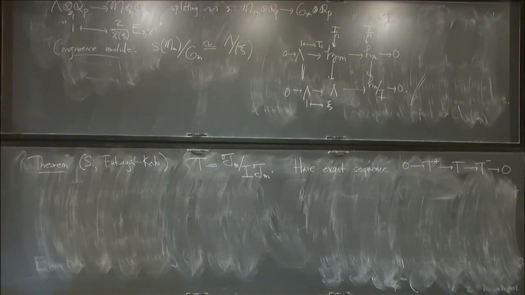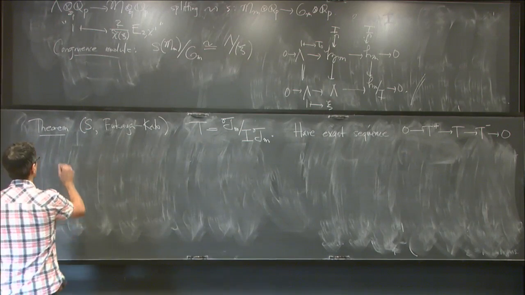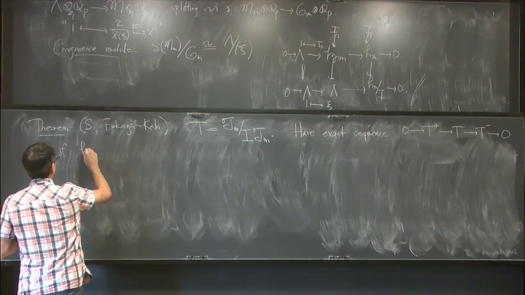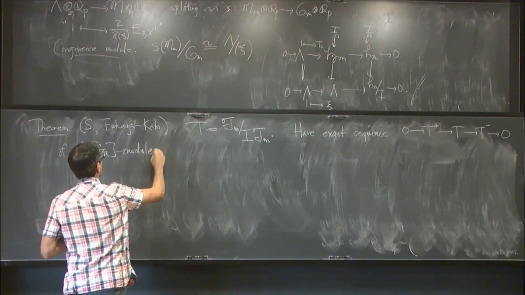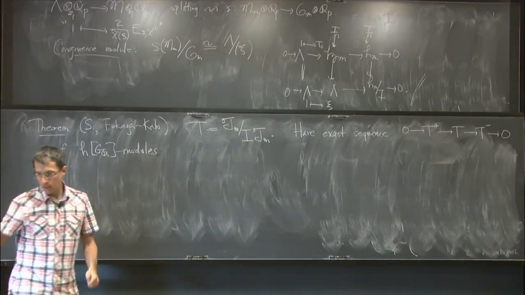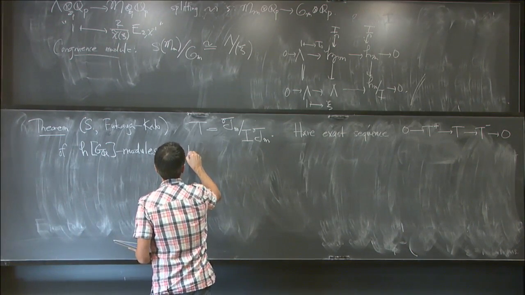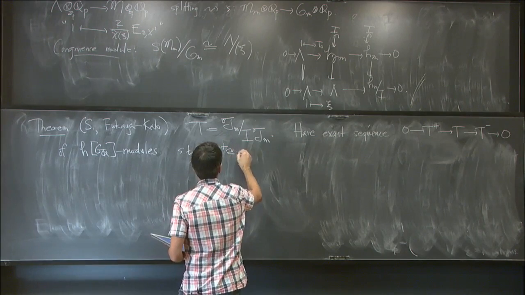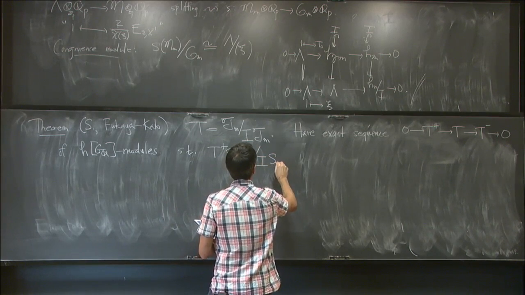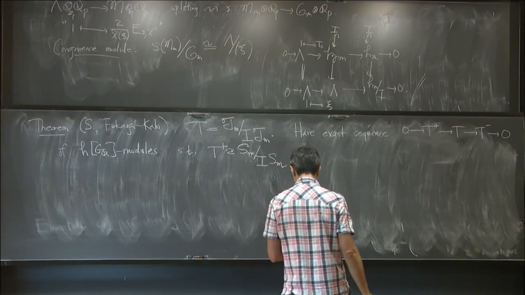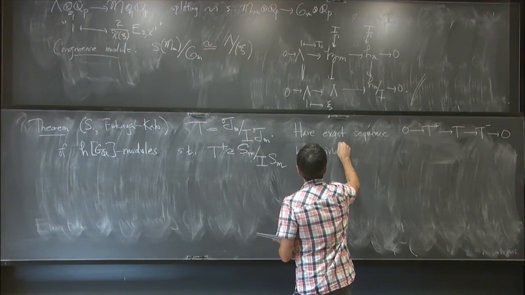So OK, we have an exact sequence. But the interesting thing is this is an exact sequence of GQ modules. So it's actually Galois. The maps are maps of Galois modules. What properties do T plus and T minus have? T plus is isomorphic, if you like, to the modular symbols mod I, which we're interested in, and it has trivial GQ action.